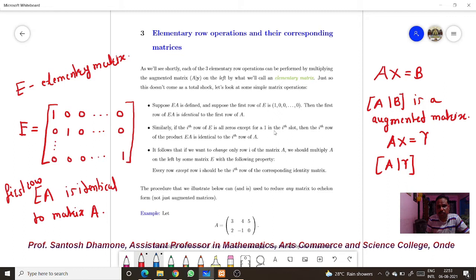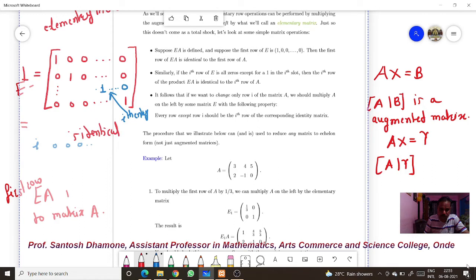The procedure that we illustrate below can be used to reduce any matrix to echelon form, any matrix, not just an augmented matrix.